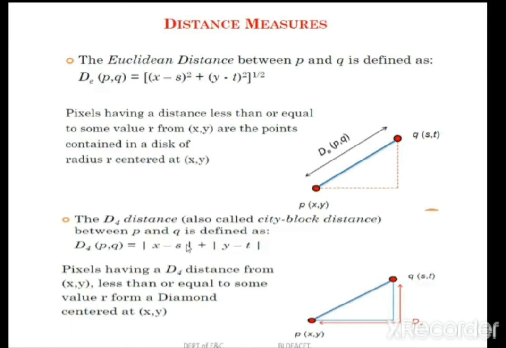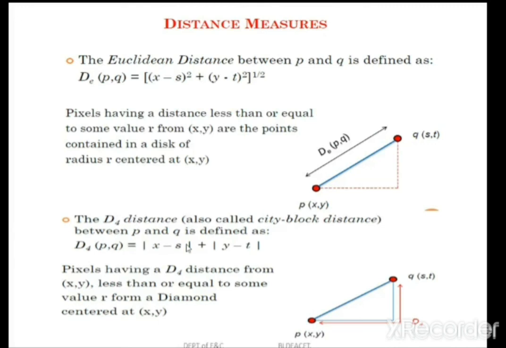Then we discussed distance measures. Particularly, these distance measures are used to identify to what extent 2 pixels or 2 images are the same. To define the distance, in the textbook three distance measures are given: Euclidean distance, D4 distance, and D8 distance.